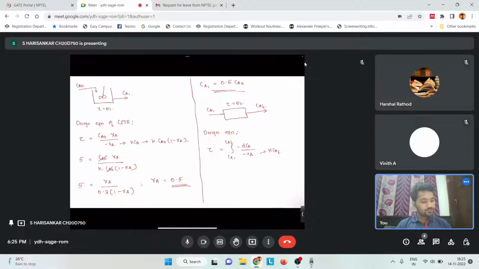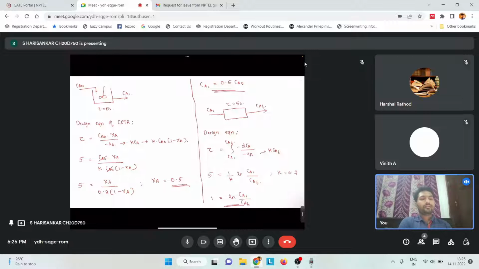We'll get 5 is equal to 1 by K ln CA1 by CAF. Now K is given as 0.2. So if we substitute for K and rearrange it, we'll get 1 is equal to ln CA1 by CAF.